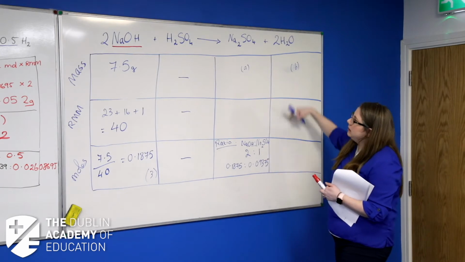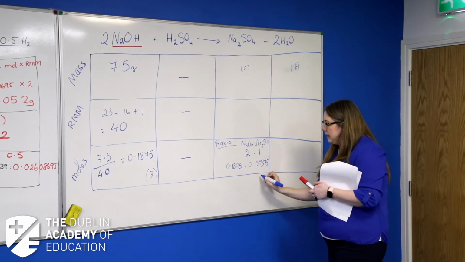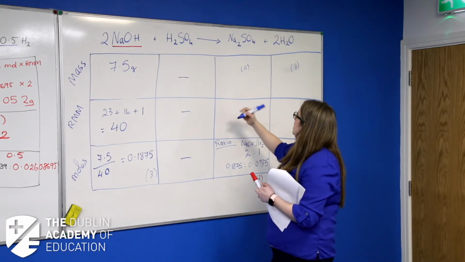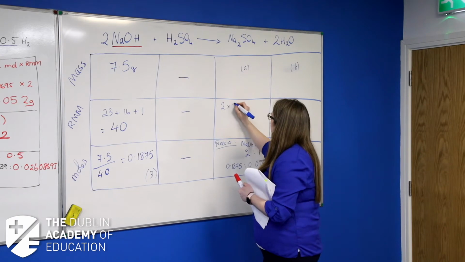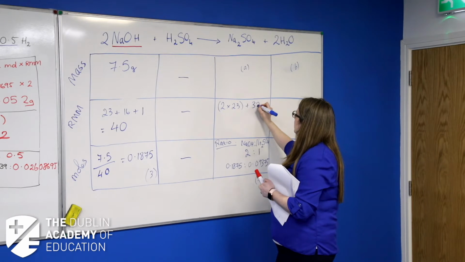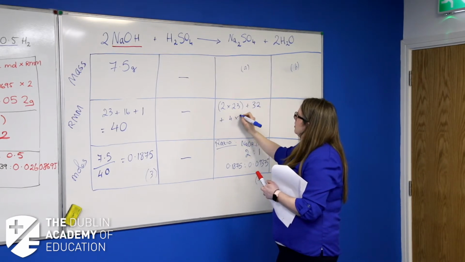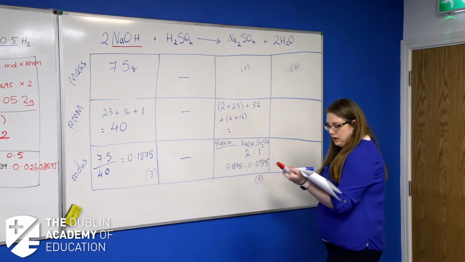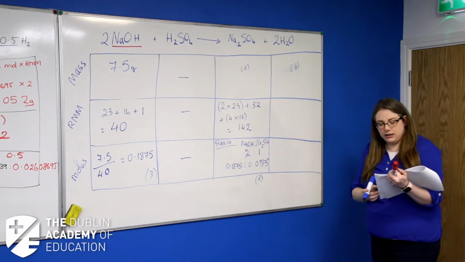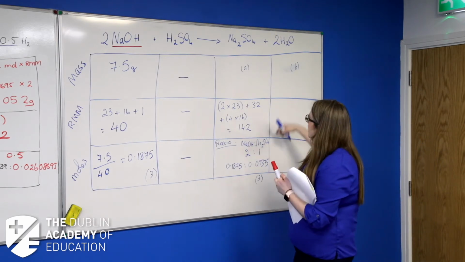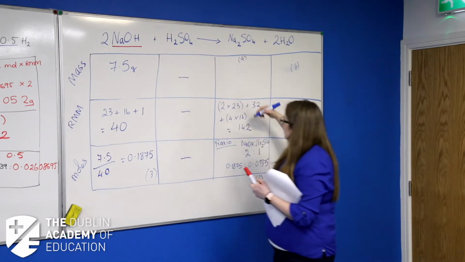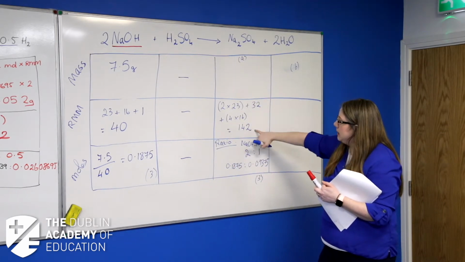Now, if we have moles, we're going to work our way up to mass. Now the RMM, so this is a particularly nasty one. So 2 times 23 is 46, 32 for sulfur, and then 4 times 16 for oxygen, which is 142. Don't do that in your head, do it on a calculator. Now, to find out your answer for A, it's going to be the number of moles times the RMM.